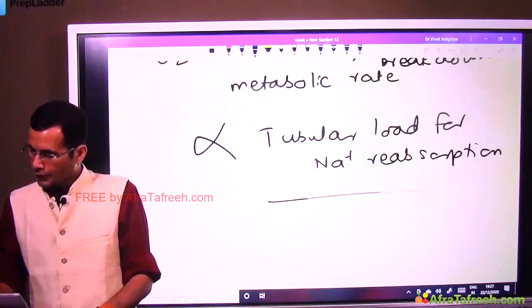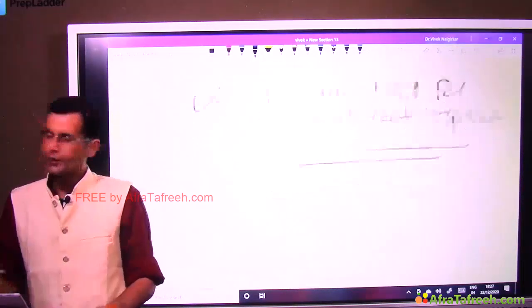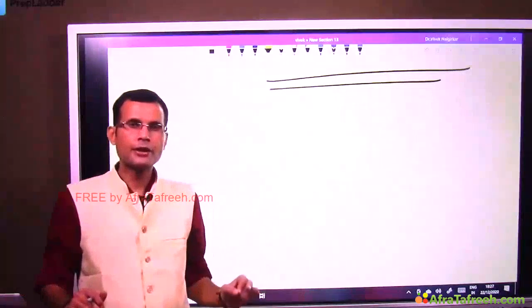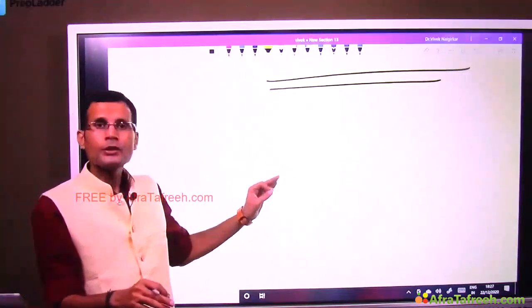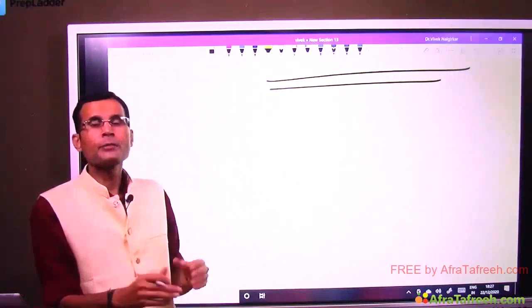So that's one point that should be clearly understood. The metabolic rate in the kidney is directly linked to the tubular load for sodium reabsorption.